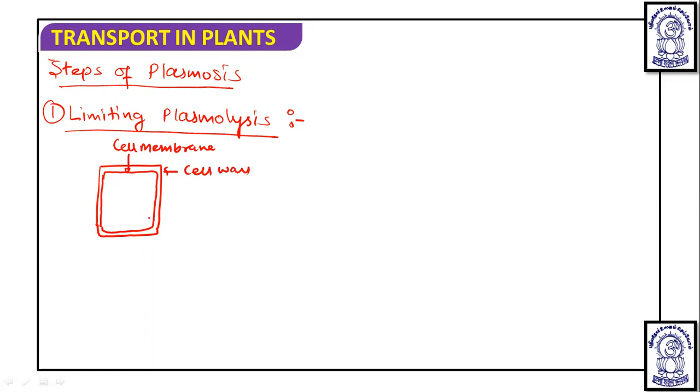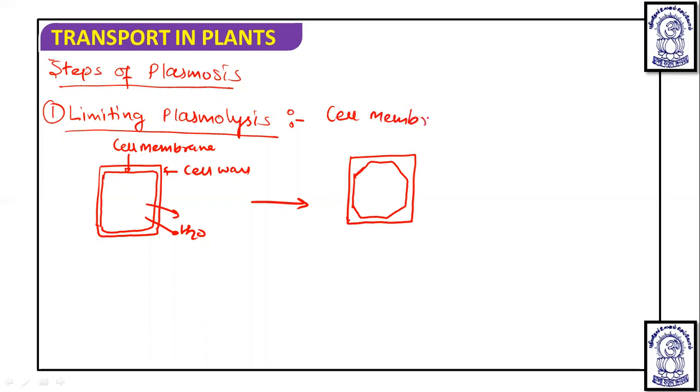So when it is placed in a hypertonic condition, the water will start to be lost. And as the water moves out, the cell membrane gets separated from the corners. So in incipient plasmolysis, the cell membrane gets separated from the corners.